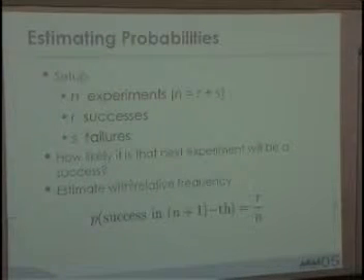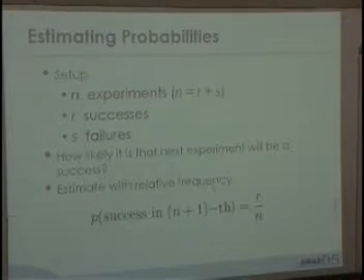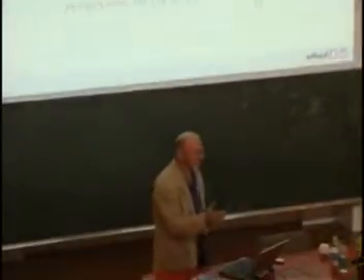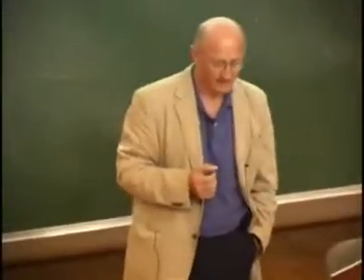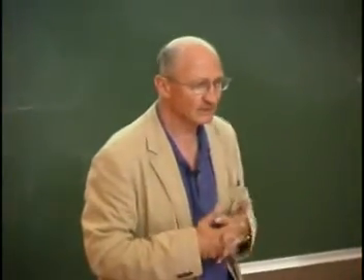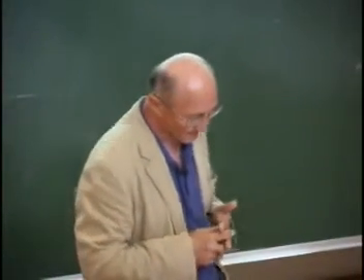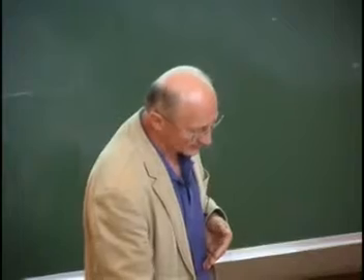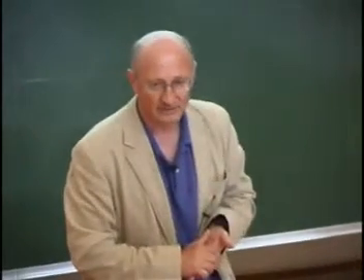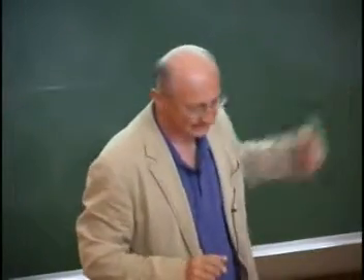The popular estimate of this probability is by relative frequency, which is R over n, the number of successes over the number of all trials until now. We call it relative frequency, or sometimes the naive estimate. This is okay if n is large, but for our cases when n is 3, this is not okay.